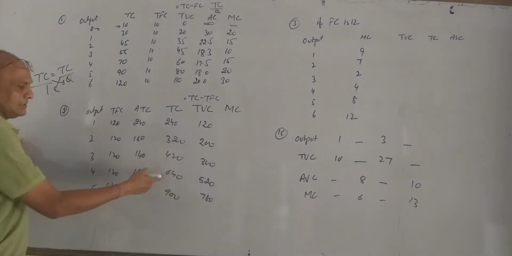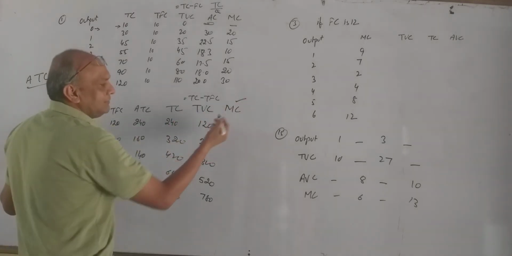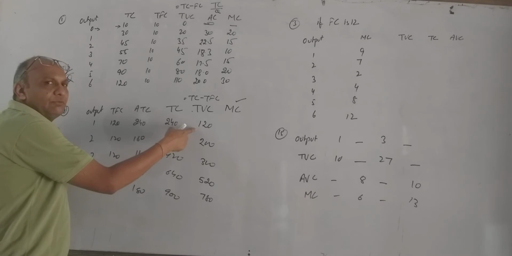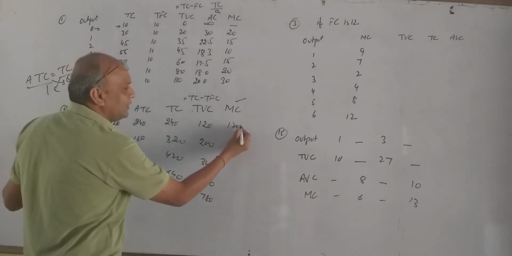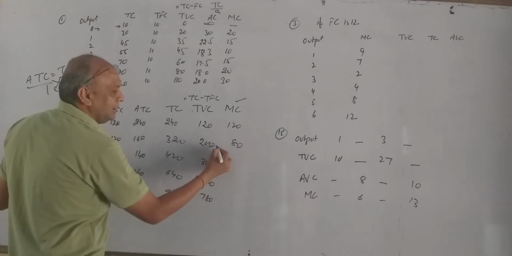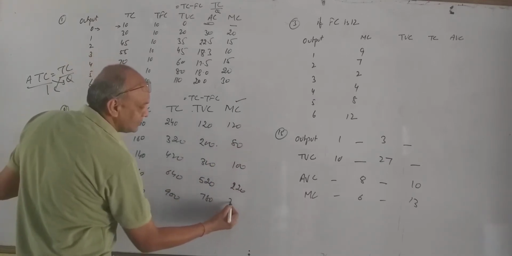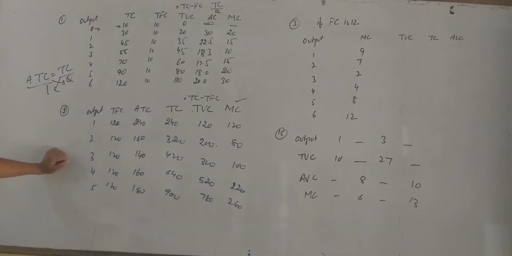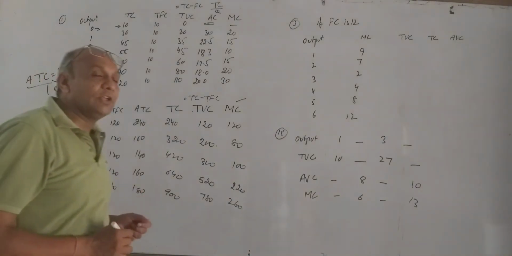This minus this, this minus this, this minus this. And now MC, which can be calculated with the help of TVC. At one level it is given 120, so at 0 level something is given. So here we can write 120. Now it is 80, it is 100, it is 220 and it is 260. Marginal cost. In this way we can calculate different costs on the basis of one cost.